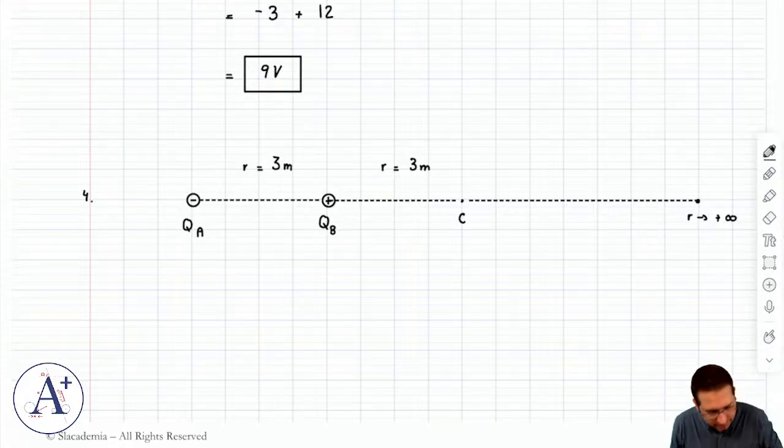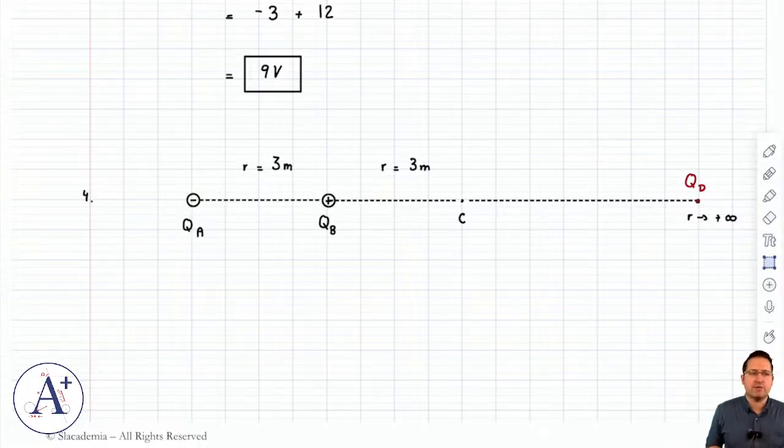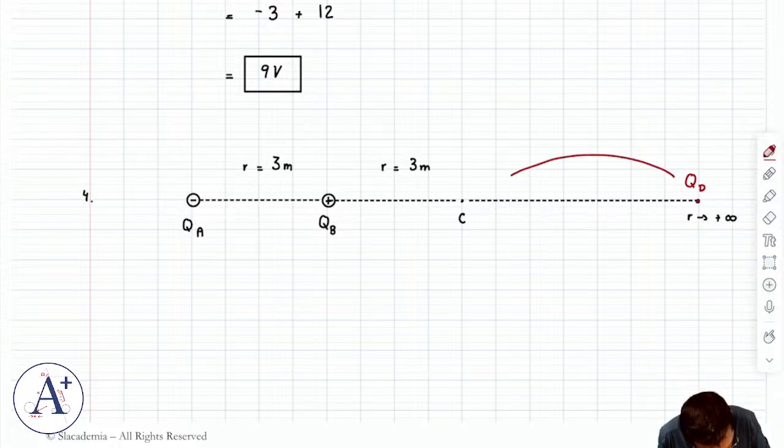We're so far away that QD here at first has no clue about QA and QB. It's just there, kind of hanging out. And then somebody grabs it, brings it to QC. So this comes all the way over to QC.